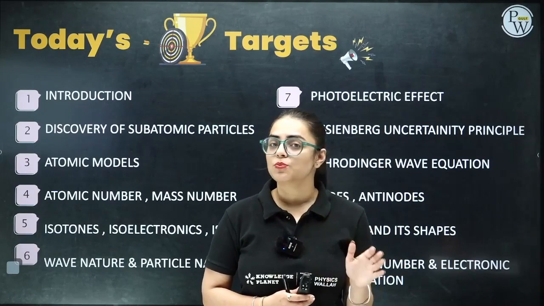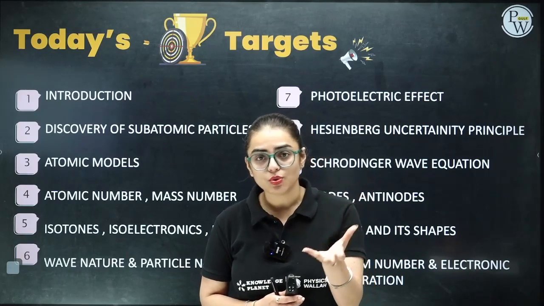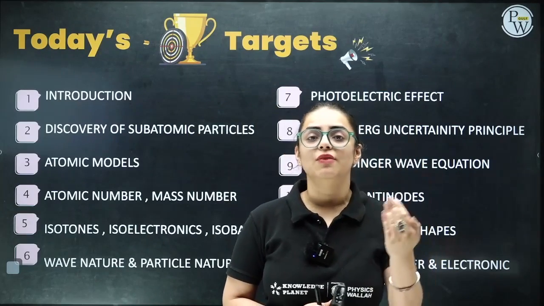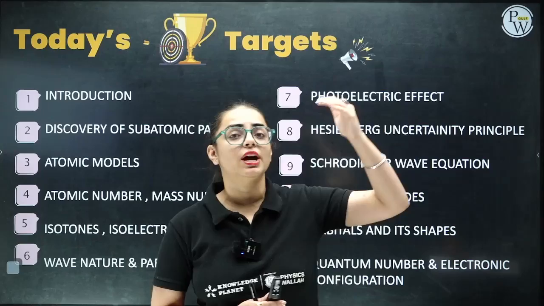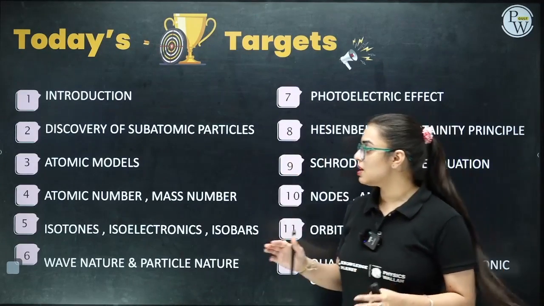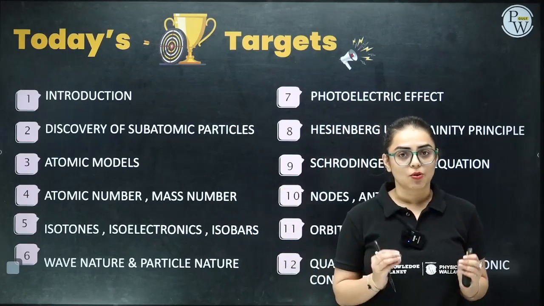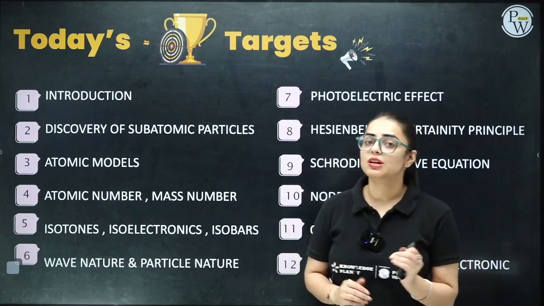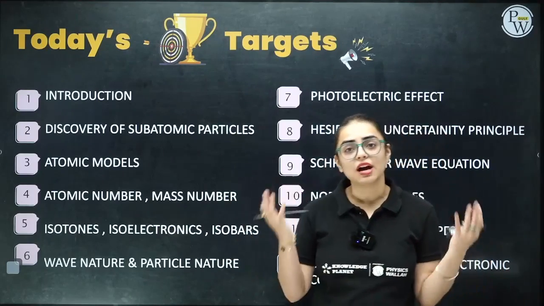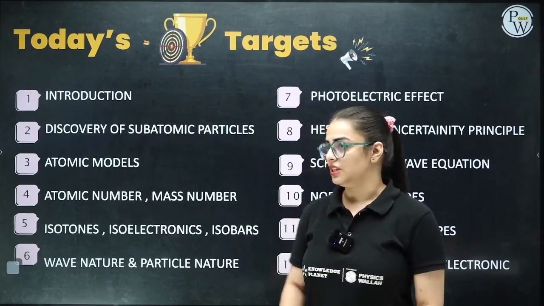You may have observed the periodic table that you have at your homes, right? So how you have to write a particular element, where you have to write the atomic number, where you have to write its mass number. All the representation techniques we are going to understand in the atomic number and mass number topic. And then we are going to understand what are isotones, isoelectronics, isobars, isodiaphers, isosters, all of these, right?